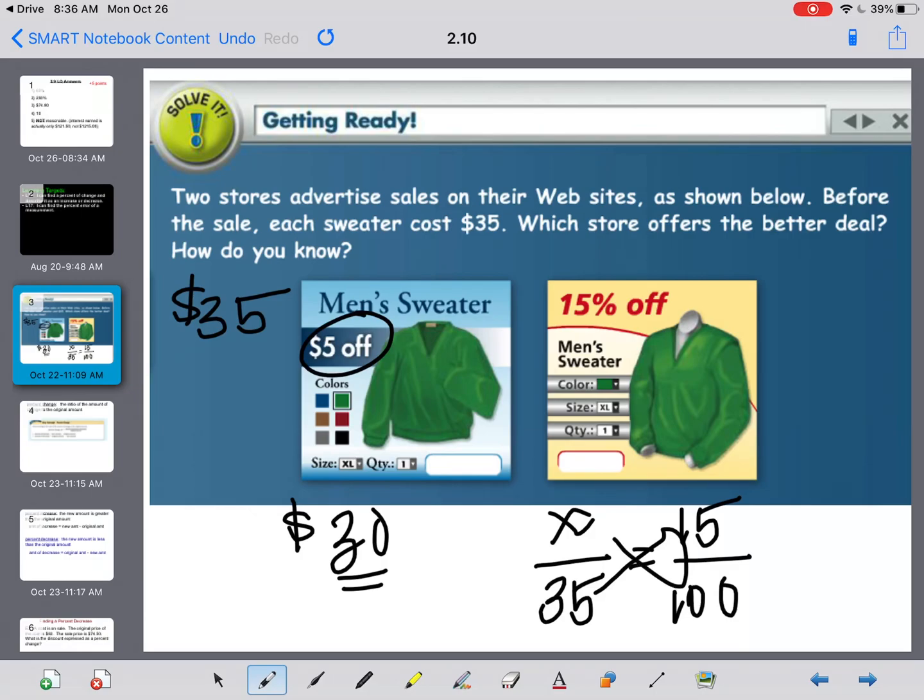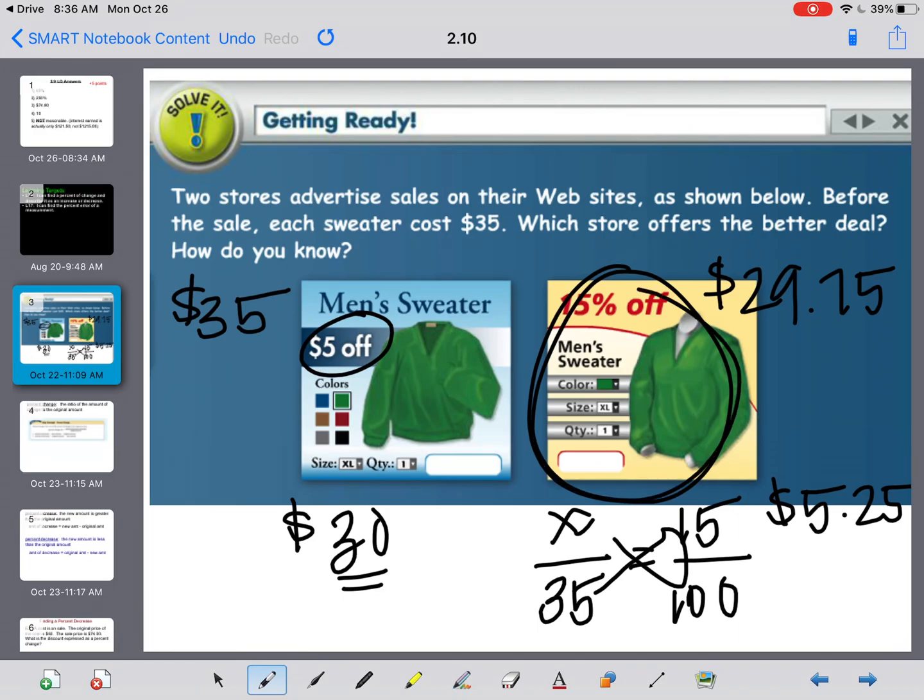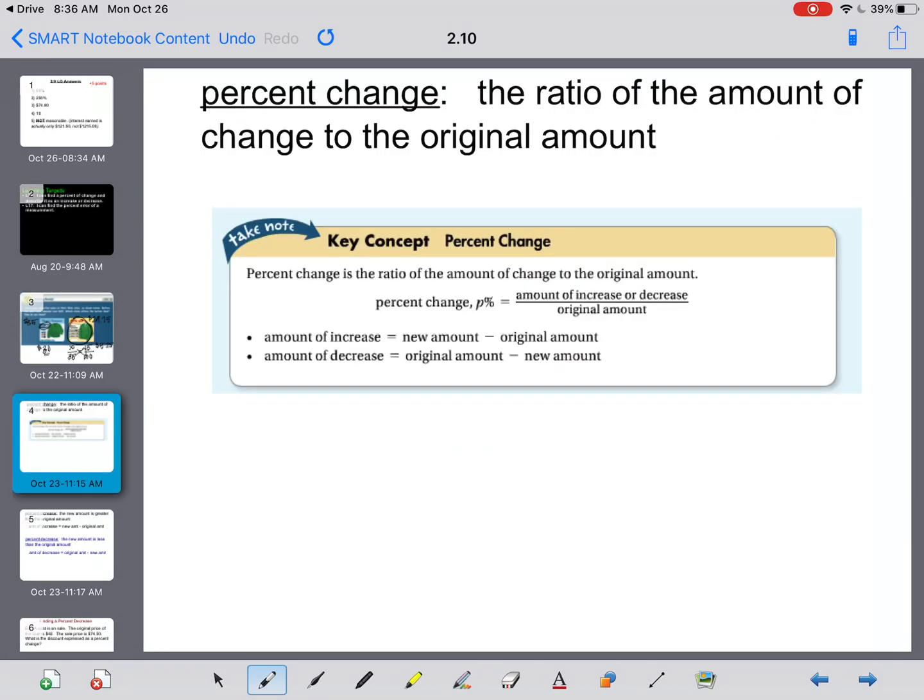When I do that multiplication, 35 times 15 is 525, and then divide by 100 tells me that $5.25 is what I get to take off. Well, 35 minus $5.25 means that I'm only going to have to pay $29.75. So 15% off is actually a better deal than $5 off.